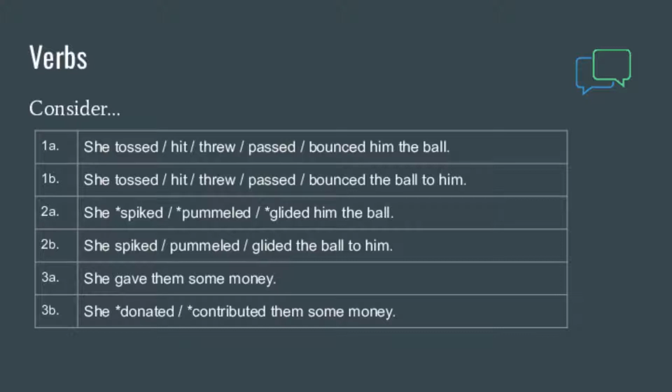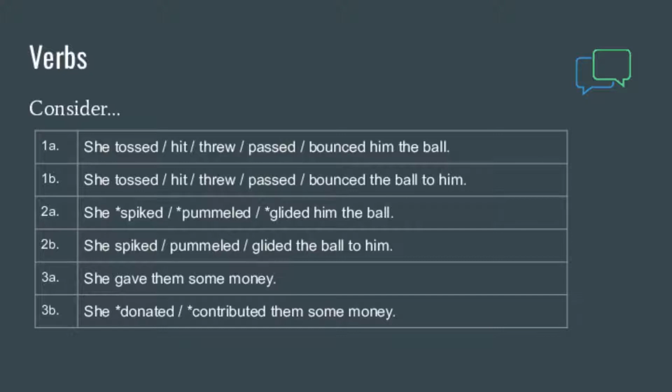She spiked. That's when you hit a ball hard. She spiked or pummeled, hitting hard like that, or glided the ball softly to him, transfer. But does it work with the dative? She spiked him the ball. Does it work? No, because if you're playing volleyball aggressively, you're not giving the person the ball.